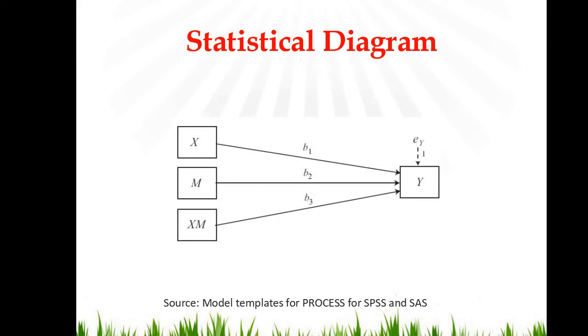So look here. X is affecting Y and its effect is being captured by its coefficient, that is beta 1.